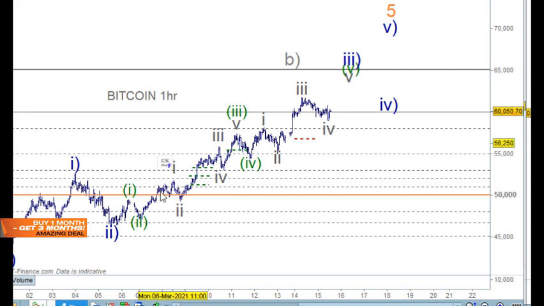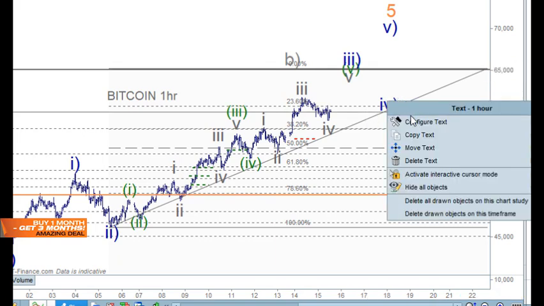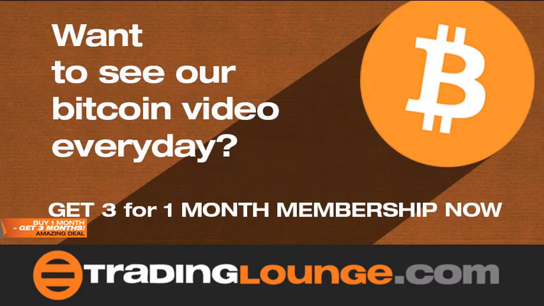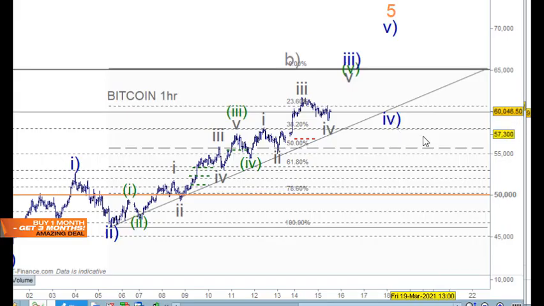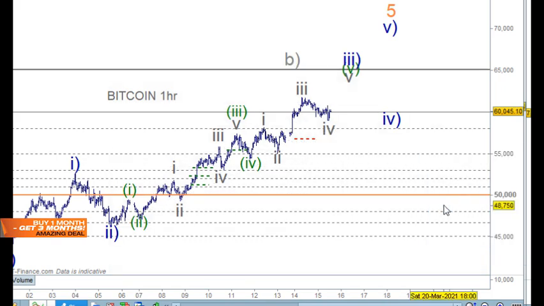Let's just position this. Might get this pulling back a bit further. That's 38.2% retracement there, but I'll just pop it there for a moment. So wave 1, wave 2 here, and then we're looking for 5 waves up.